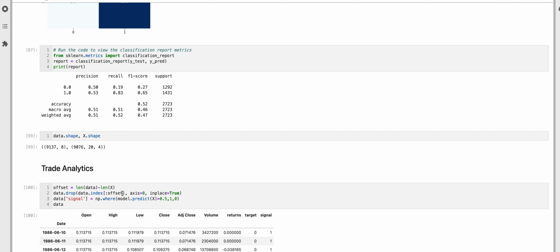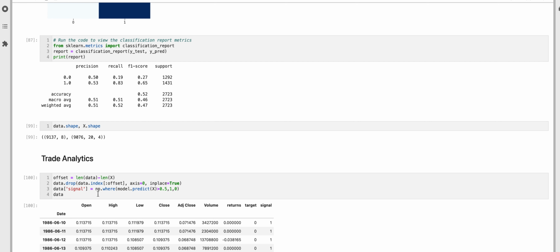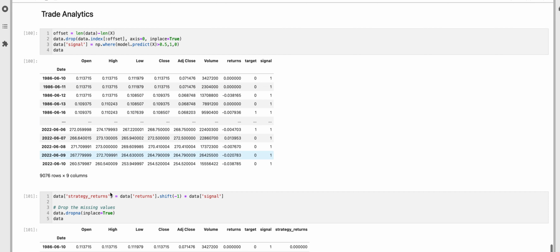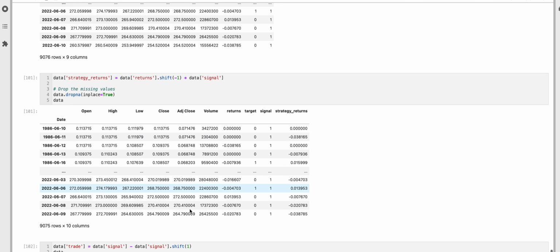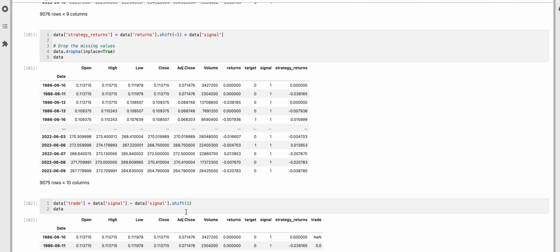Next, we'll do some trade analytics. We compute the signal as a model prediction, and we also compute the strategy returns using this simple formula. Next, we compute the trades.